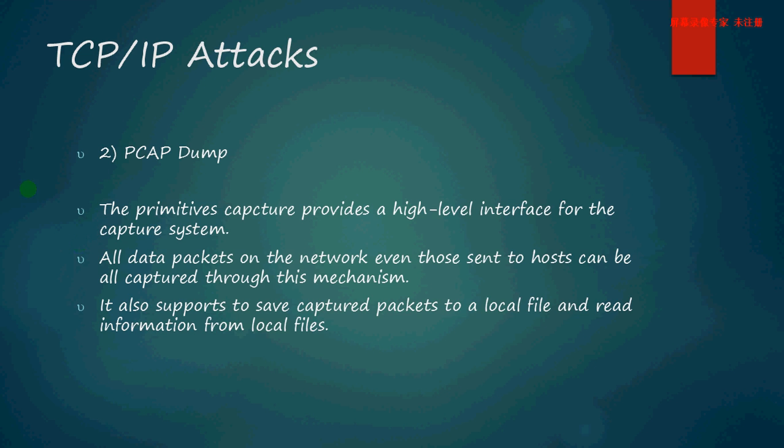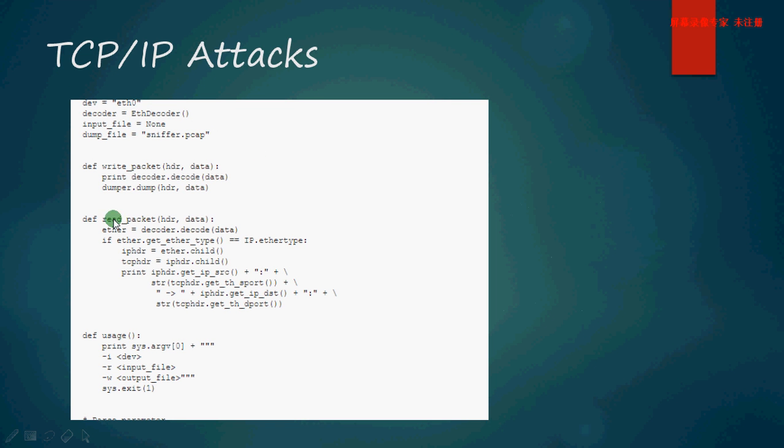Here's a code, also from the textbook. We could see that we developed a script that will not display the captured data packets on screen in human readable format, but save them into a pcap dump file for further processing by other network tools.